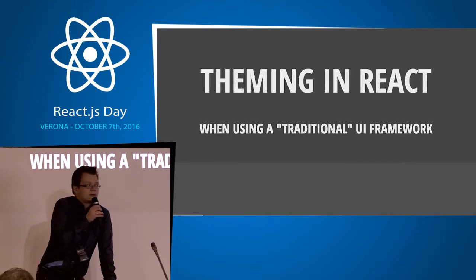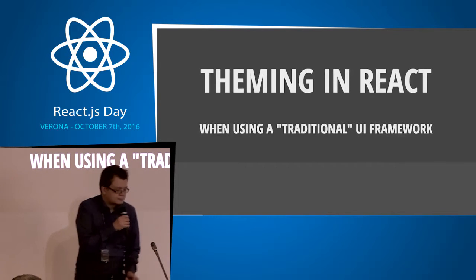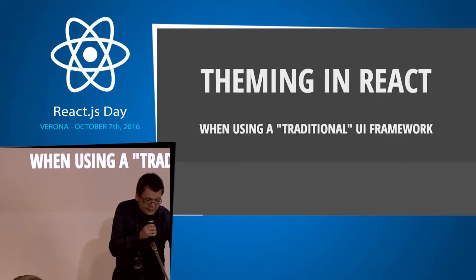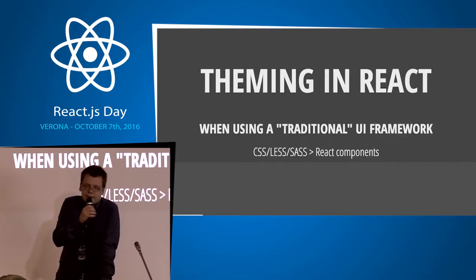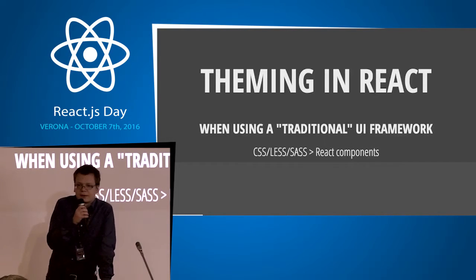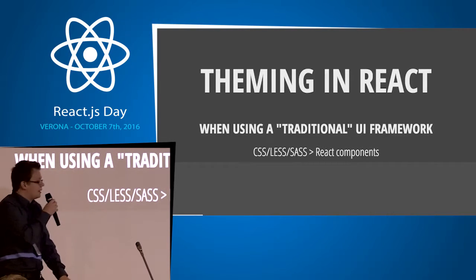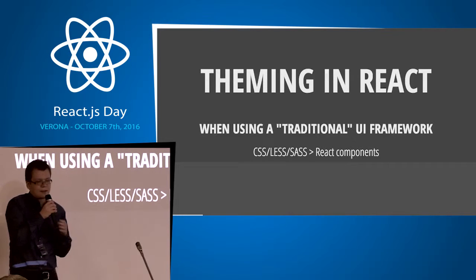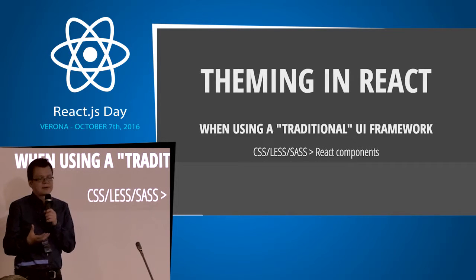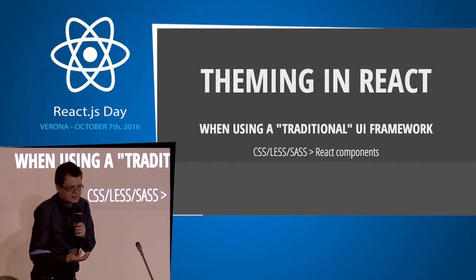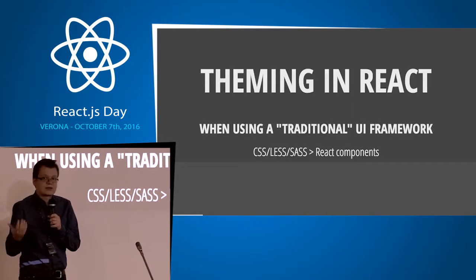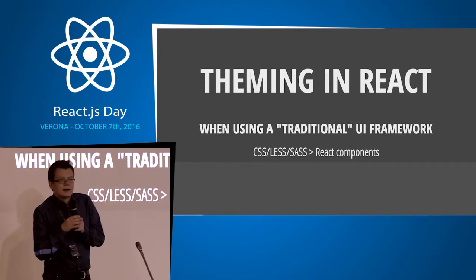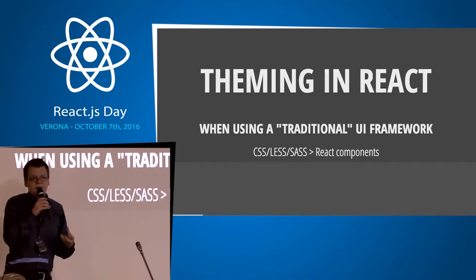So we're choosing a traditional UI framework and want to use it with React. The problem that I have here is that they're not really coupled enough to the React component. If I use Bootstrap, Foundation, or whatever, then I'm still doing CSS.